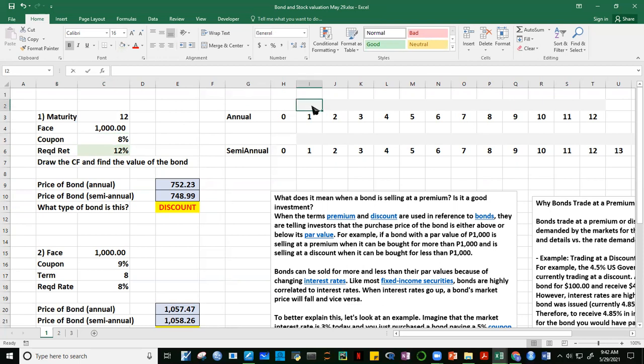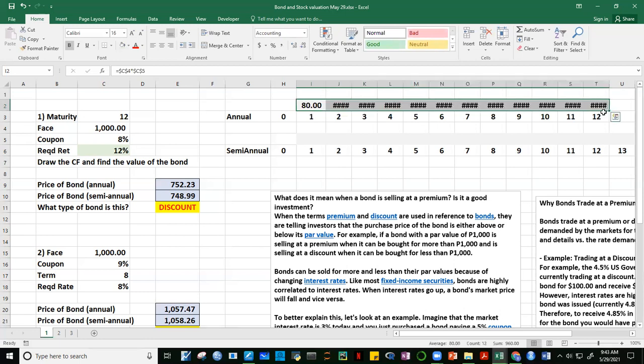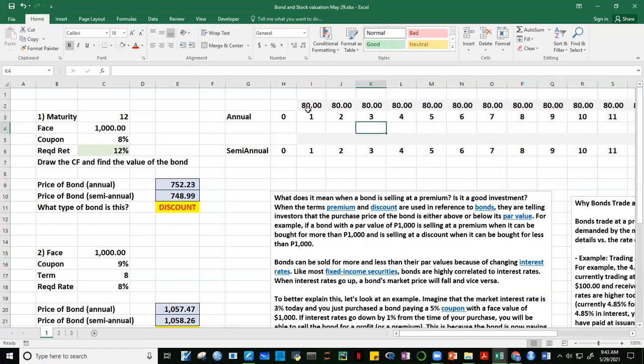That is equal to 1,000 times 8%. We fix this because that will be the same value we're going to have for the next 12 years. So 80 pesos.